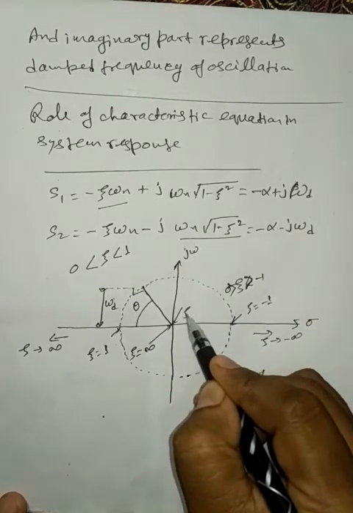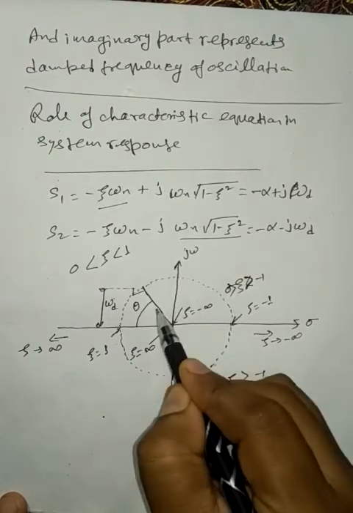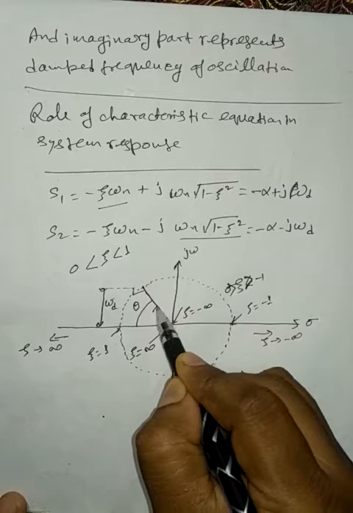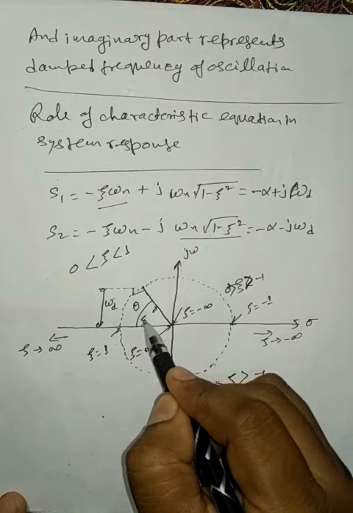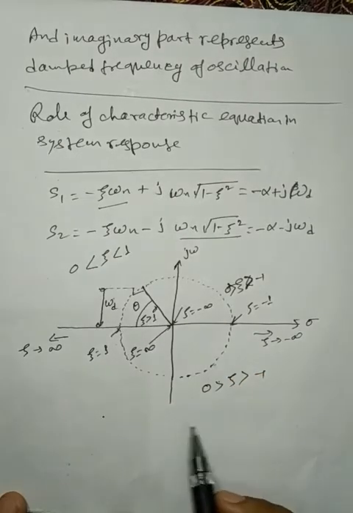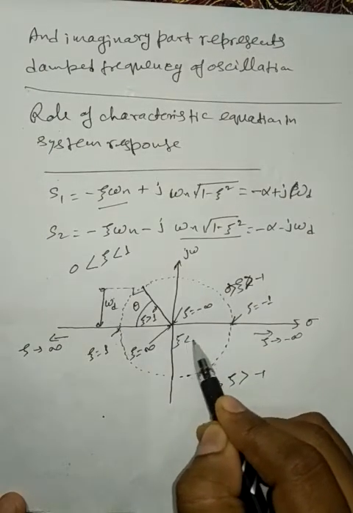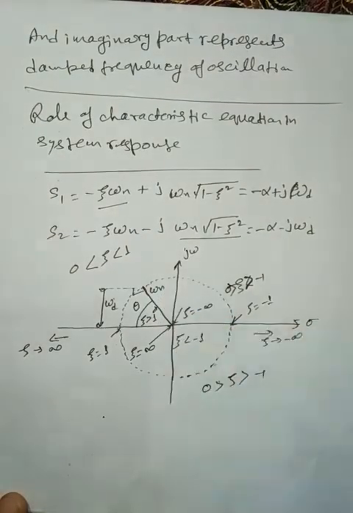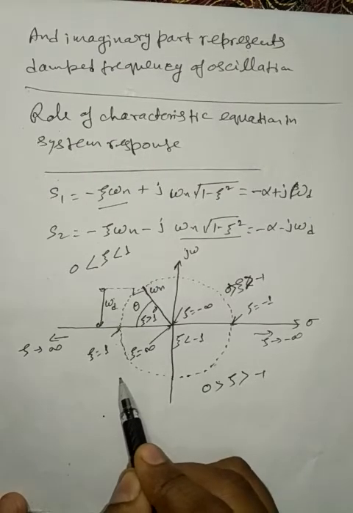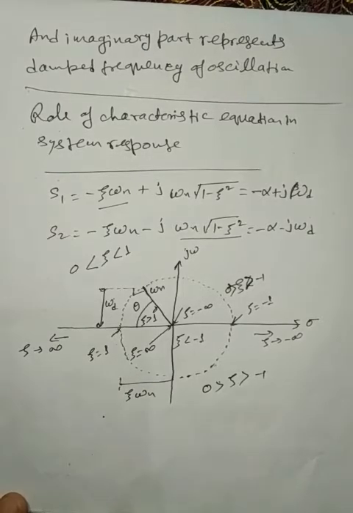Here zeta is equal to -infinity at this line. Zeta is greater than 1, and here zeta less than -1, and this is for omega n, right? And one thing more, this value is zeta omega n.